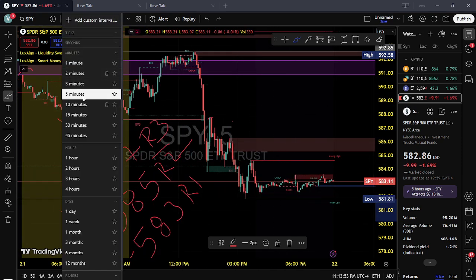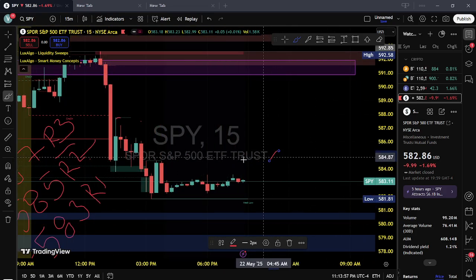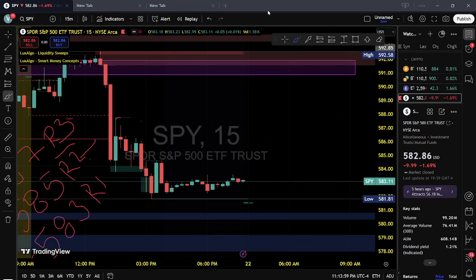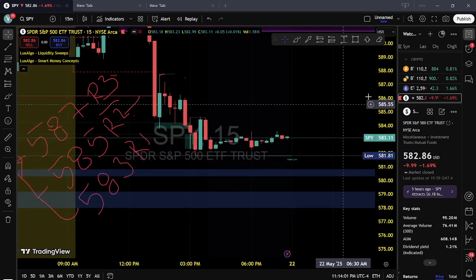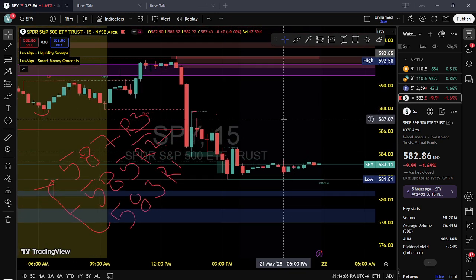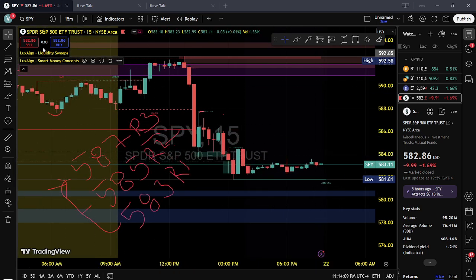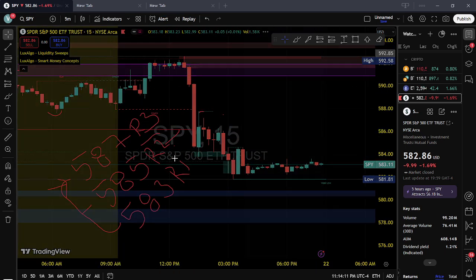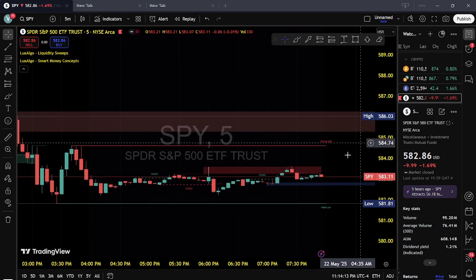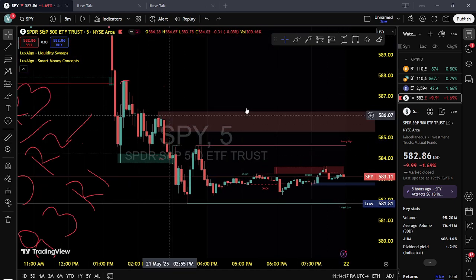Let's talk about the game plan. I am expecting what's going to happen tomorrow. These are your levels already. We have resistance sitting on 5 minutes. Let me write it down. 585 is a bigger resistance right now.